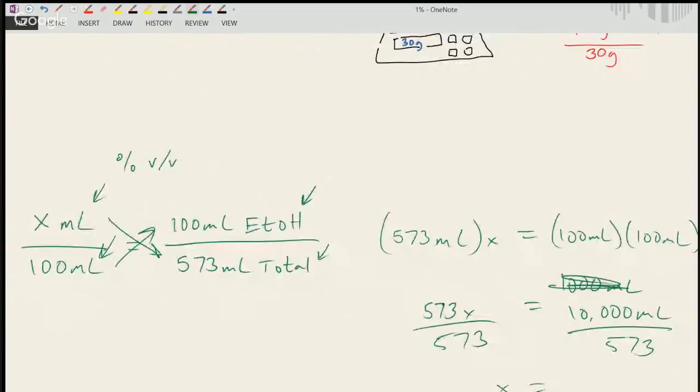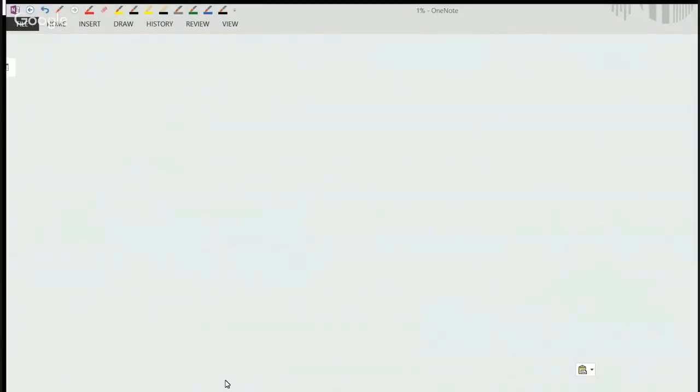Let's get out our calculator. 10,000 divided by 573.